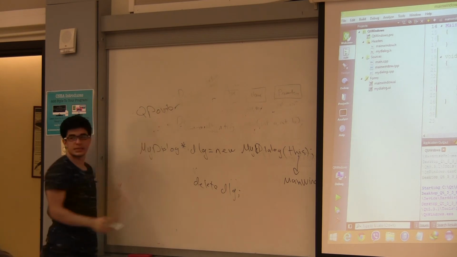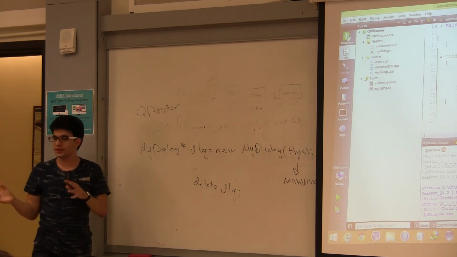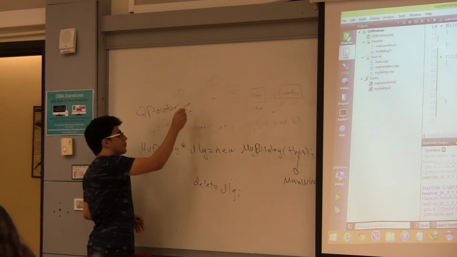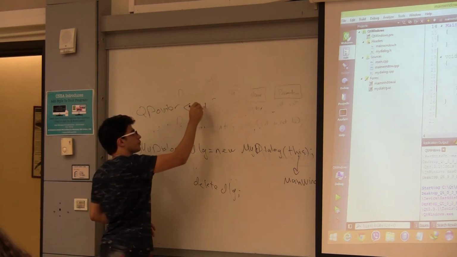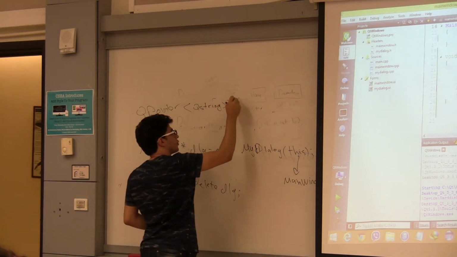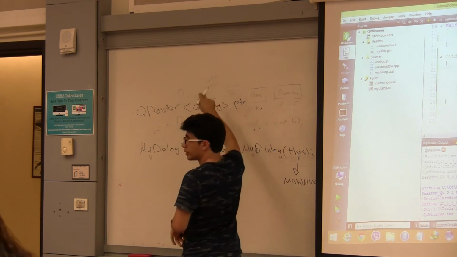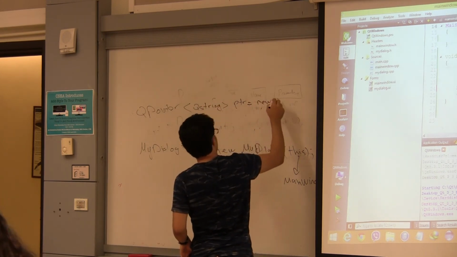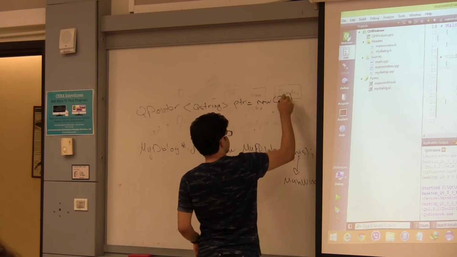QPointer is some sort of smart pointer. It's actually a class, but you can say it's a smart pointer. So I can pass to it, for example, QString. I say pointer, you don't write that, it's a class, equals new QString, for example.